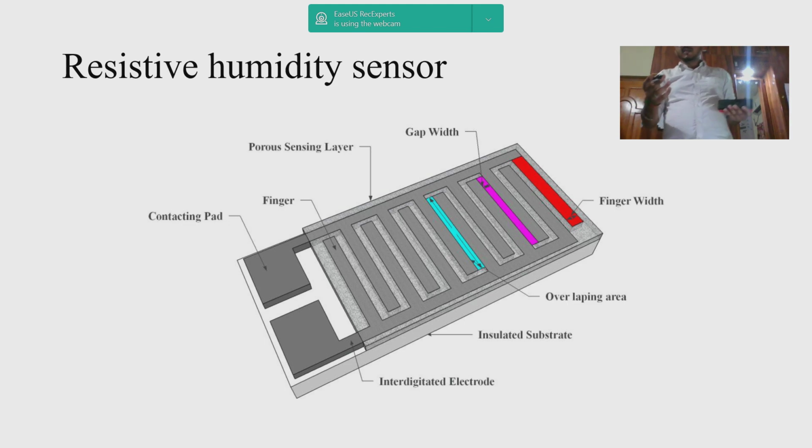There is a gap width between the electrodes, and the connecting pads are connected in here, as we see. And this is a porous sensing layer where the moisture is absorbed, and we will measure the relative humidity through this.